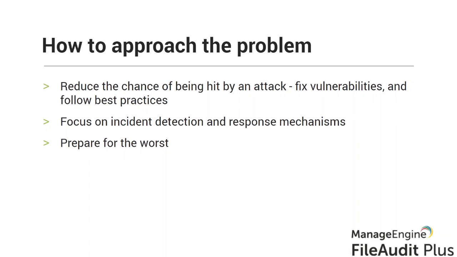You just want to ensure that no attack happens, everything is sealed, all the vulnerabilities are fixed, you're following all the best practices, and nothing is going to happen. Everything is just perfectly fine. You can sit in your place all through the week and not worry about anything. You have to take as many steps possible to reduce the chance of being hit by an attack, right?